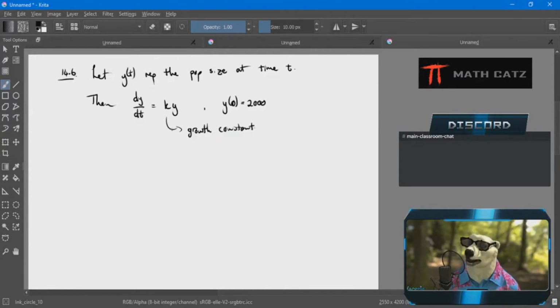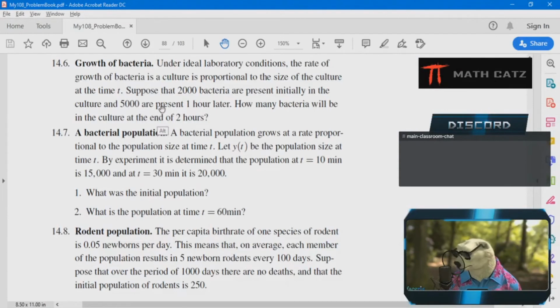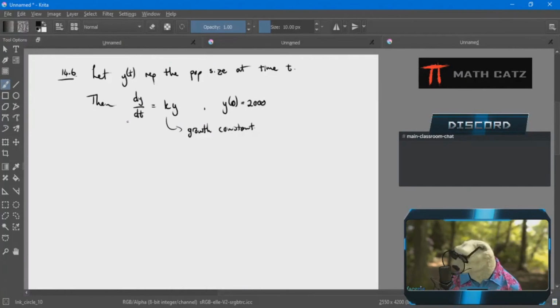We have to figure it out soon, but we don't know right now. Before I can even worry about their questions about 5,000 being present an hour later, how many bacteria will be in the culture at the end of 2 hours, I have no idea. I would need the function to answer any of those questions.